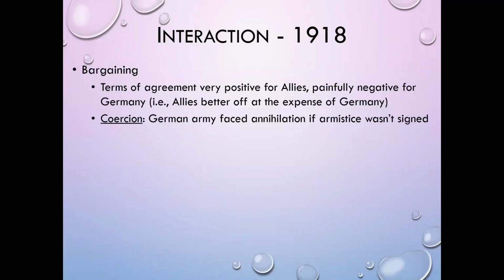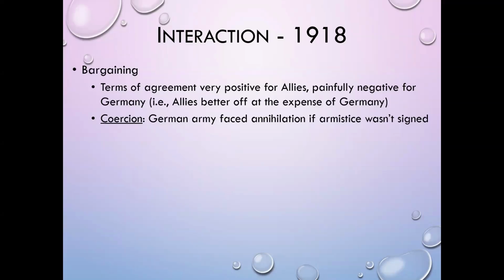And this was clearly coercive bargaining, because if the Germans didn't agree, then their army would be annihilated. The threat behind the signing of the agreement was, if you don't sign, we will continue fighting the war and we will annihilate you.